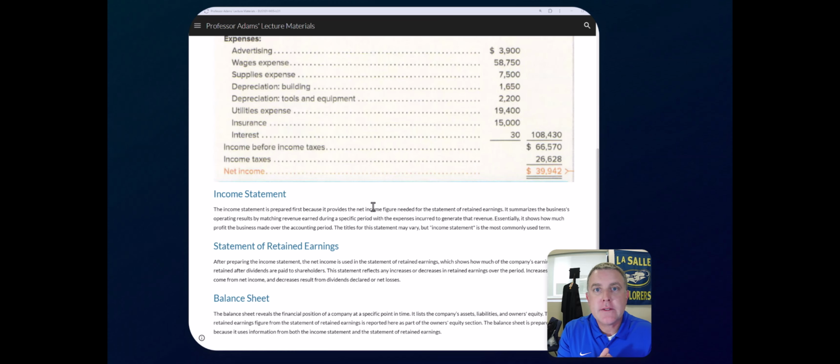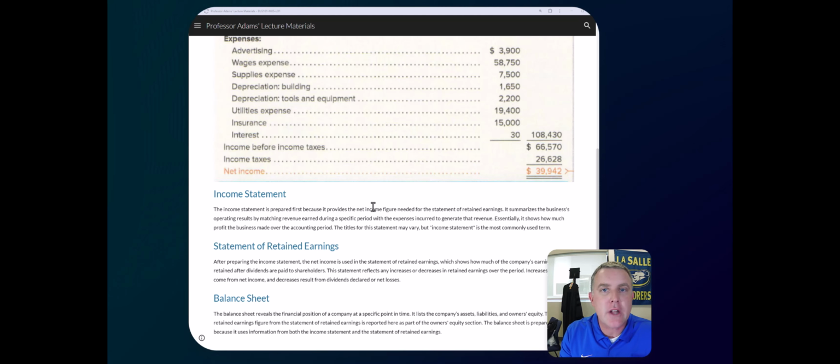So the way to think about this, if you have a transaction that relates to something you own, that's an asset transaction. If it's something that you owe, maybe you owe a bill or you paid off a previous loan that you've taken, that's a liability. And then any transactions with the investors or shareholders of the company, the owners of the company, those would be captured in equity.